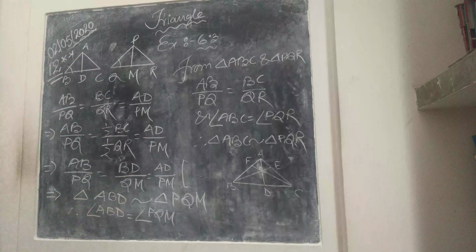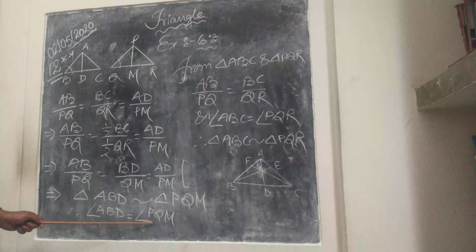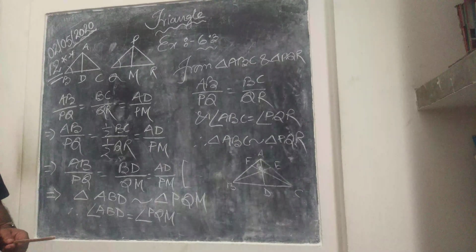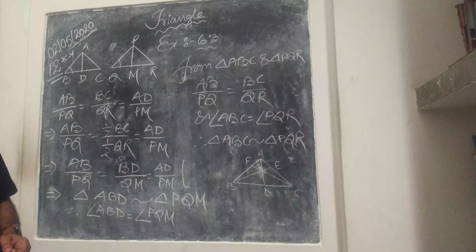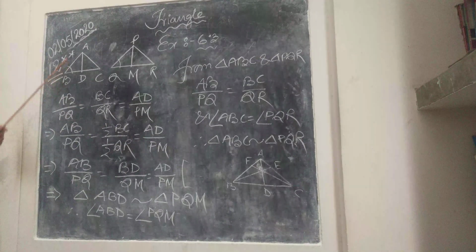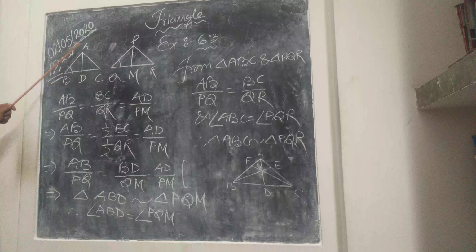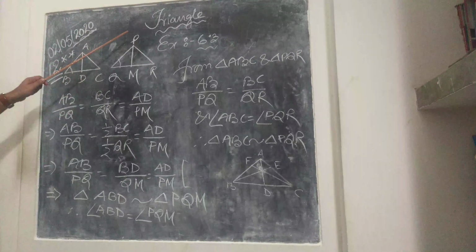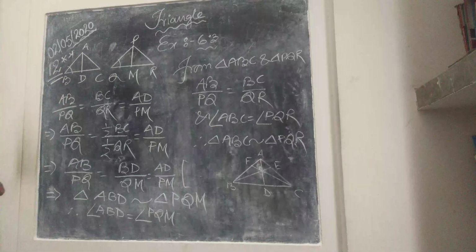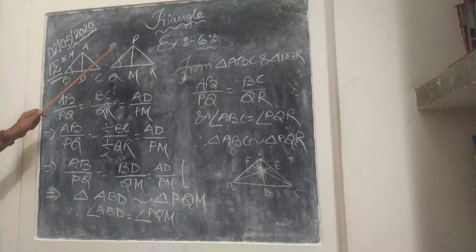This is the similarity criteria. So I have written angle ABD equals angle PQM. Last class also I told you that the measure of the angle will not change if we extend the length of the side. So instead of ABD, if I write ABC, and instead of PQM, if I write PQR, there will be no change in the measurement of angle B and angle Q.